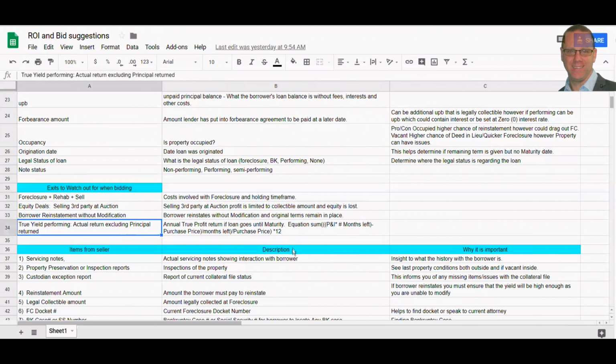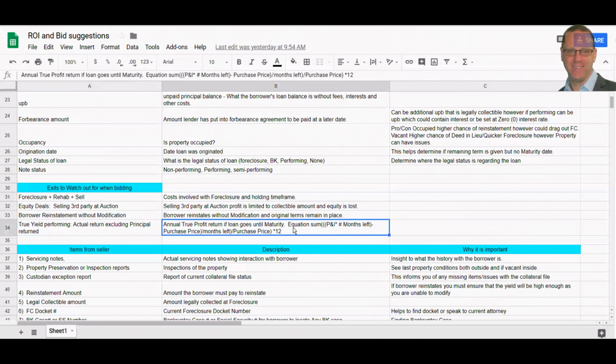We did do an equation that figures out that if the loan goes to maturity, what is my per year yield? It's difficult to project when the seller may or may not sell the property or foreclose or whatnot. But if it's performing and continues to perform as is, what's my every year return, excluding your actual principal coming back to you?